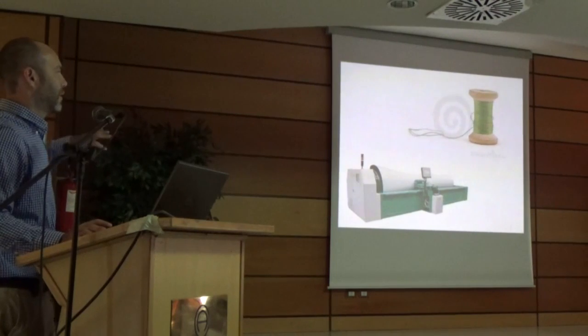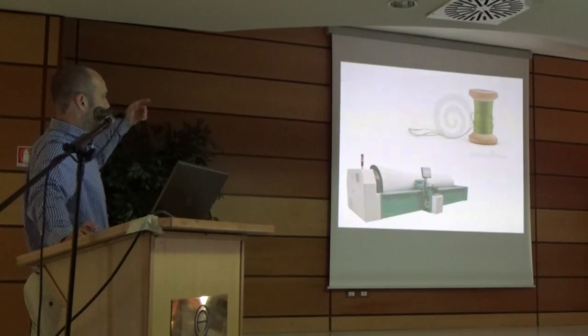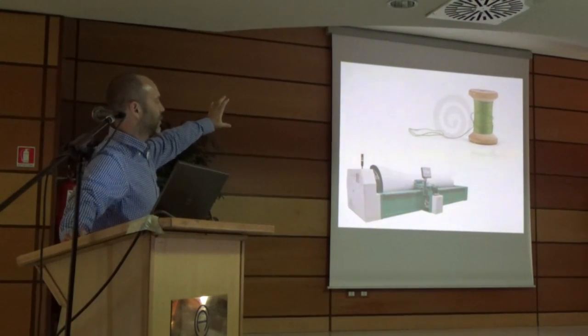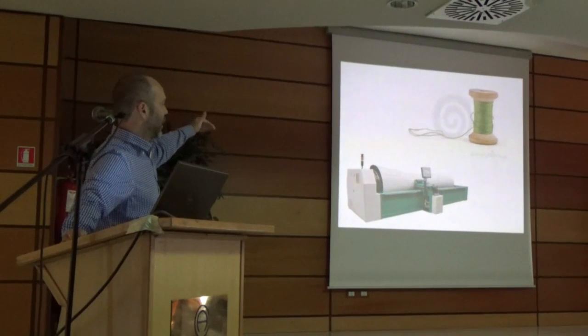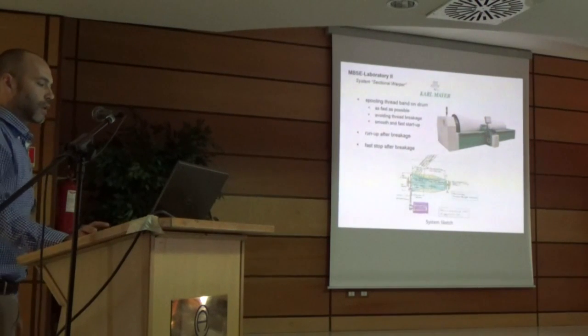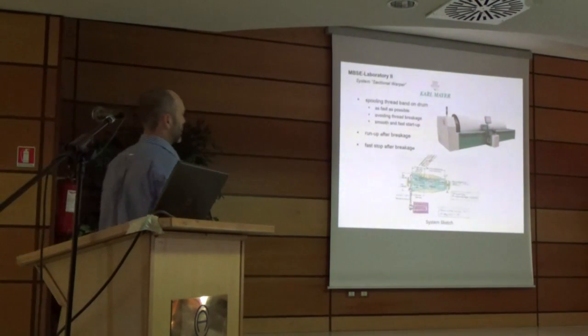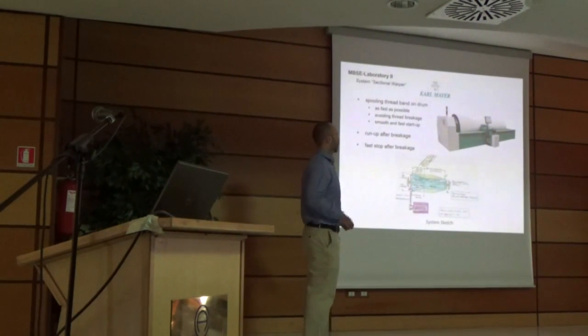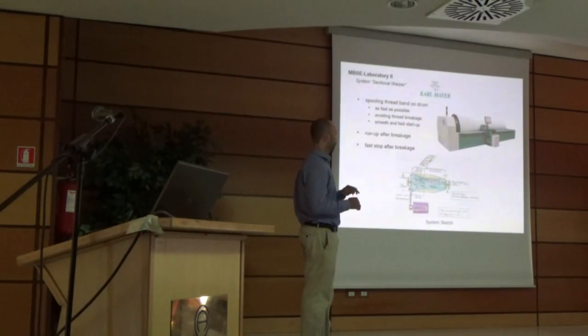Okay, the next problem they looked at was a spool. And here again you can see an old-fashioned spool before modern technology and the kind of industrial spooling machine that they use. So the challenges here are you want to go as fast as possible. You don't want to have a breakage in your string, and you want to have a smooth startup, smooth shutdown, and then you want to look at what happens if you actually do have a break.